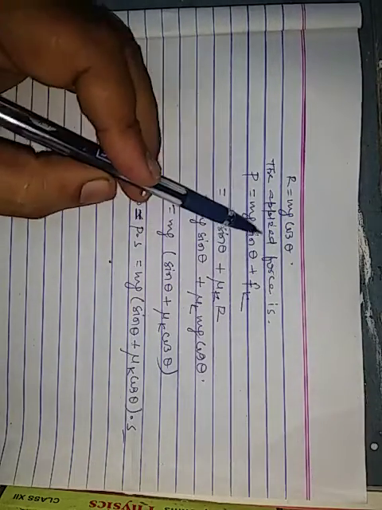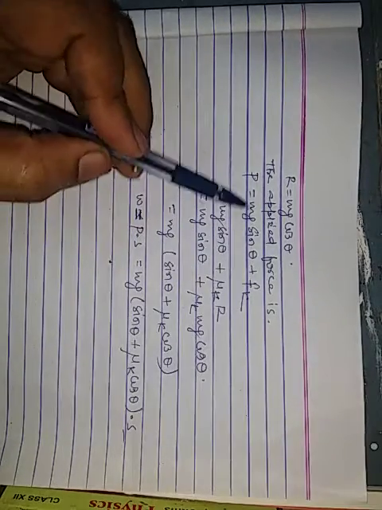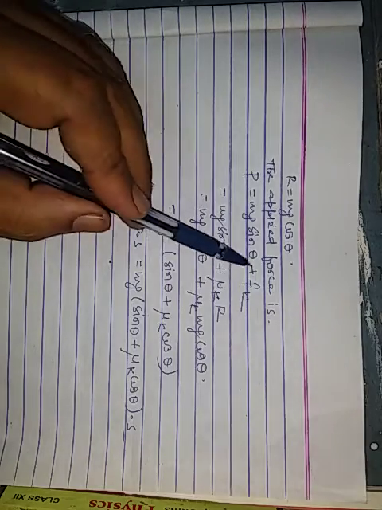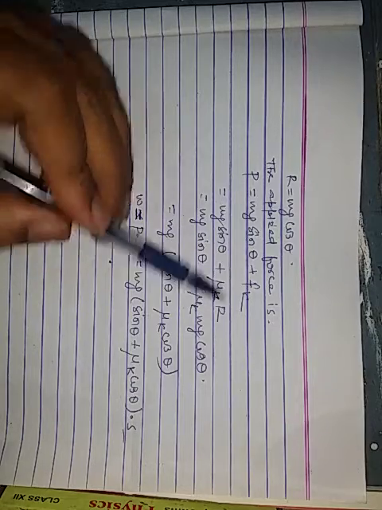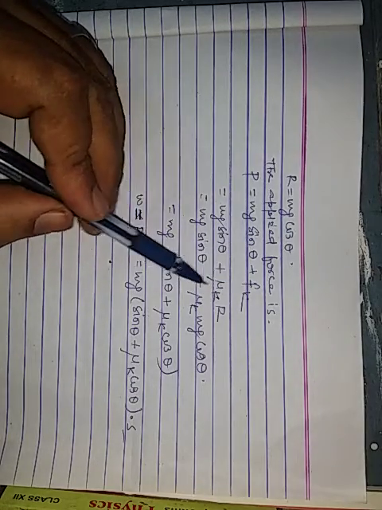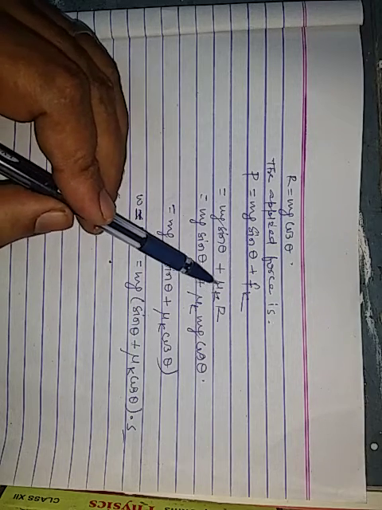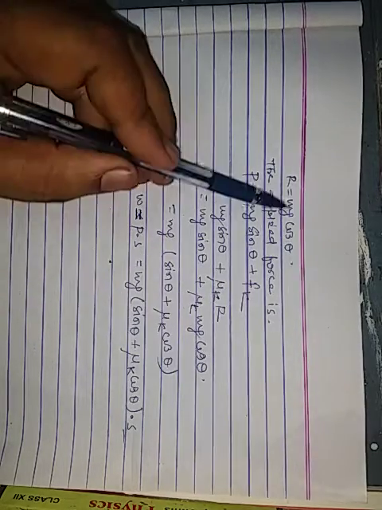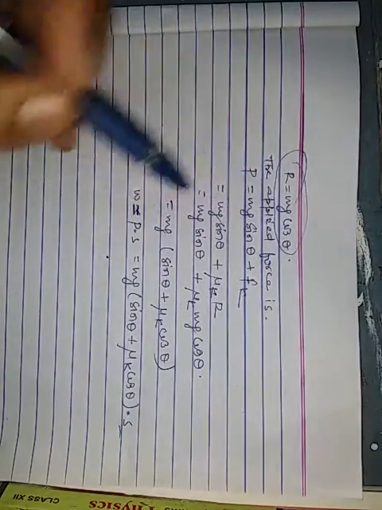So R is equal to mg cos theta, and the applied force is P equal to mg sin theta plus Fk. In place of Fk we write mu k R, as we know that mu is equal to F by R. So P is mg sin theta plus mu k R, with R equal to mg cos theta.